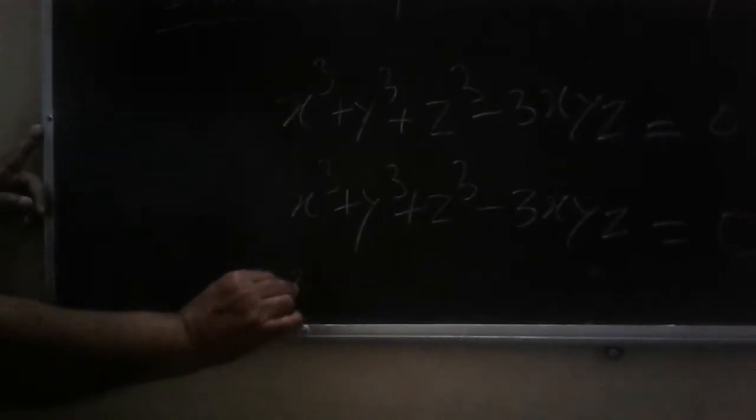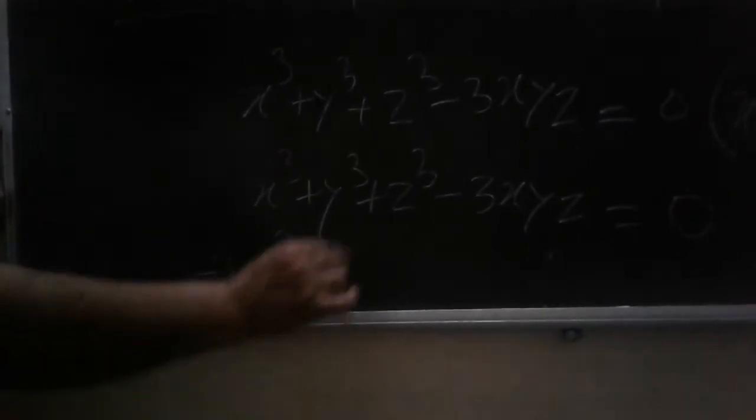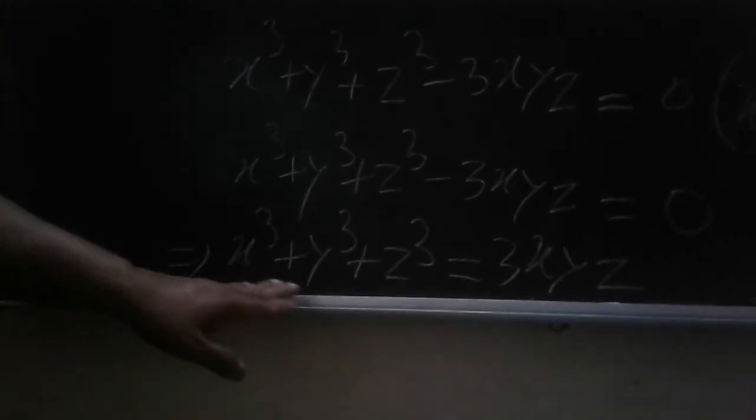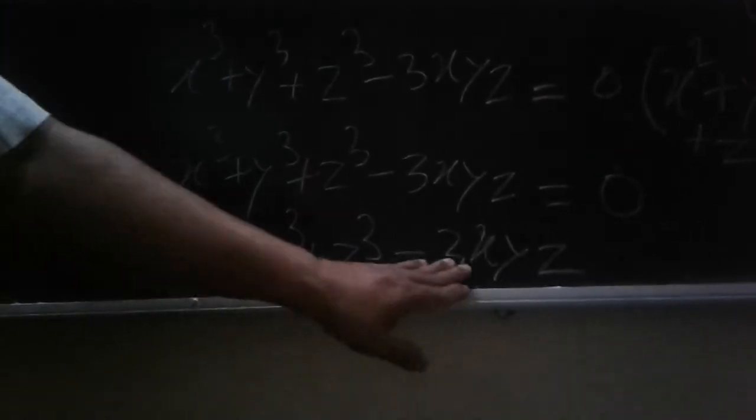In this way, we have x cube plus y cube plus z cube equals 3xyz. We transfer 3xyz and obtain at last x cube plus y cube plus z cube is equal to 3xyz.